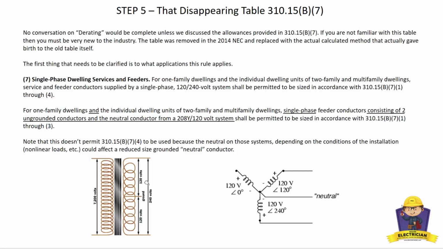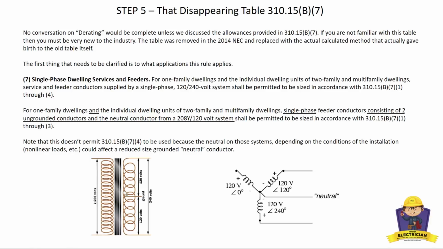Now this right here just happens to be a normal, typical 120/240 volt transformer that generally supplies the applications we're talking about for one- and two-family dwellings, or an individual dwelling unit of a two-family building or a multifamily dwelling.